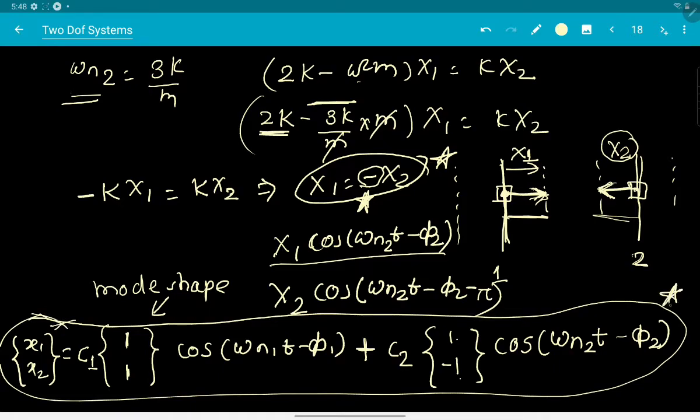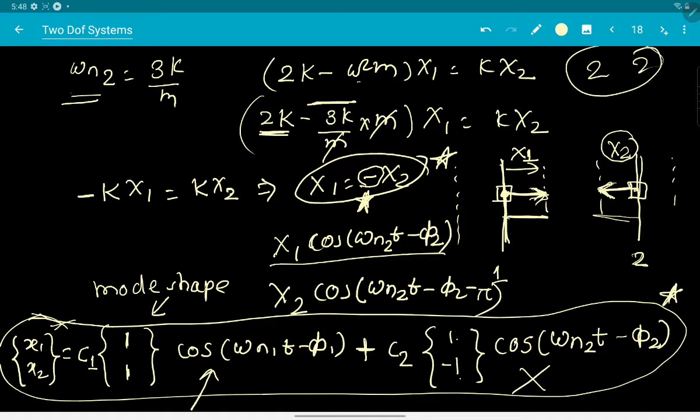This holds for any initial conditions. Let's say you pick initial conditions in such a way that x1 and x2 are identical, equal to 2 and 2, and you don't give any initial velocities to start with. In that case you will see that you end up with only this part of the solution, and the other part doesn't exist at all.